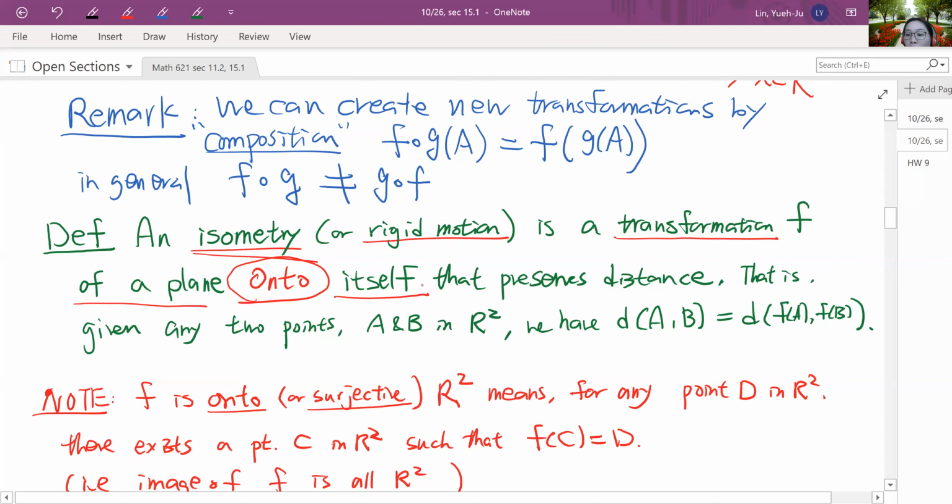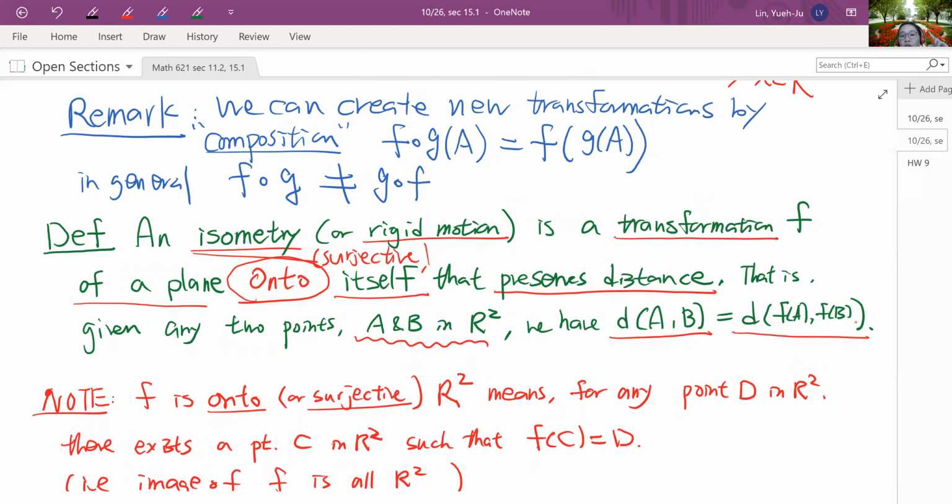Not only is it a map from R2 to R2, you want the map to be surjective. Onto also means surjective. And of course, we want it to preserve distance. Distance preserving means that if you have any two points A and B in R2, then the distance between A and B should be the same as the distance between F of A and F of B.